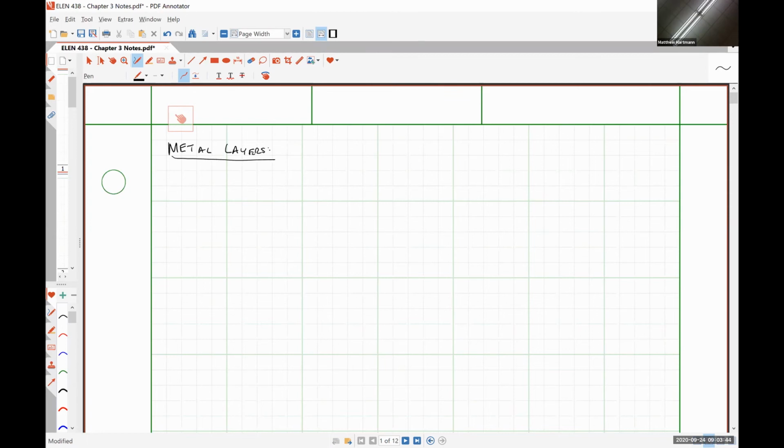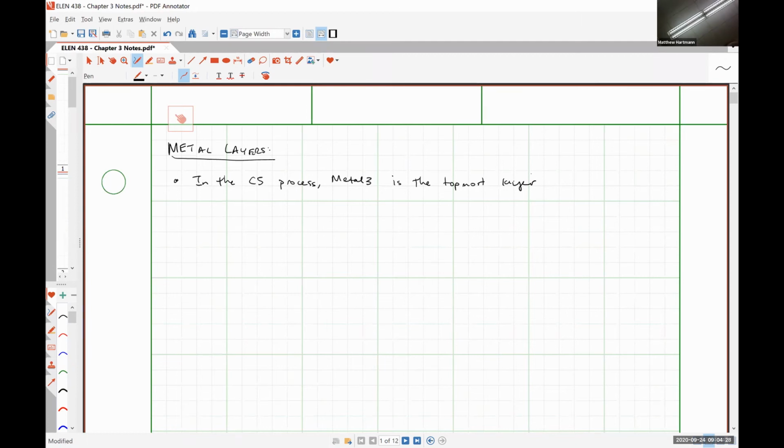So in our process, layer called metal 3 is the topmost layer.